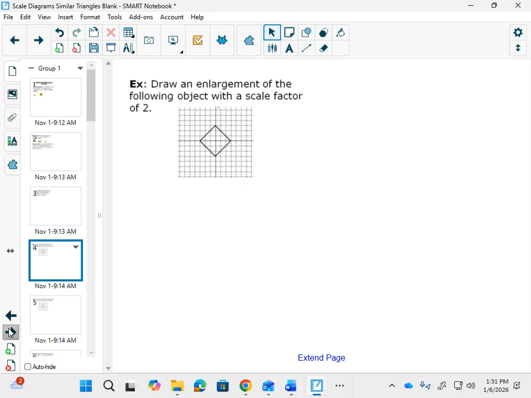That's very close, but it looks like this point is off a little. Okay, perfect. Oh, that looks too big now. Okay, too big. There's one. Twice the size.